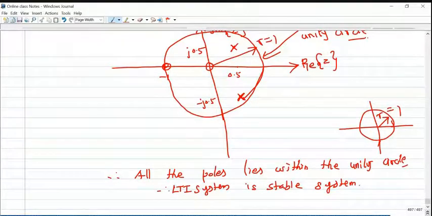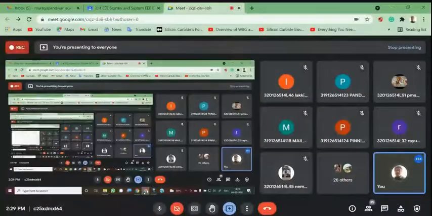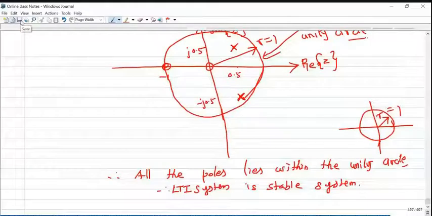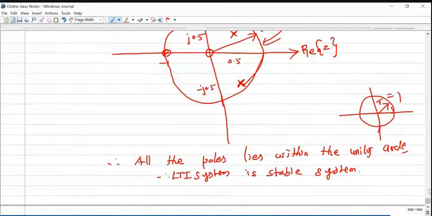All the poles must lie within the unity circle. If one pole lies inside the unity circle but another pole lies outside the unity circle, then it is unstable. Suppose poles lie on the unity circle, then it is not stable.